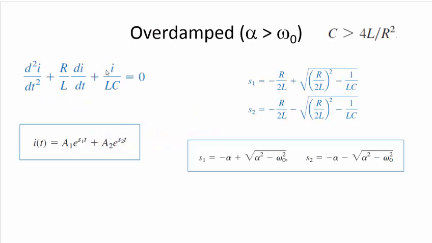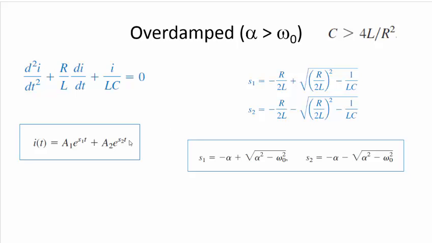So in summary, we found the solution to this differential equation right here, which results from applying KVL around a series RCL circuit. The unknown is the current. The solution to that second order differential equation is a current which has this exponential form.